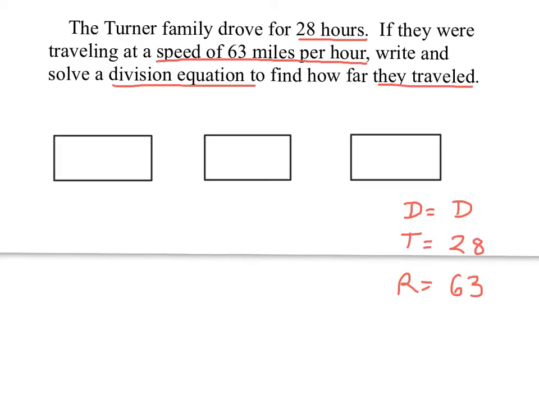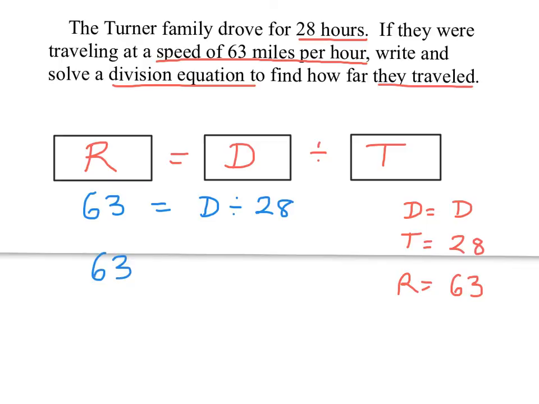So I'm going to use a division equation to solve this problem. So if you think back from the first slide, the division equation that we came up with was r is equal to distance divided by time. So now let's go ahead and plug in this information. The r is 63. The distance we don't know, divided by 28. So another way we can write this would be 63 is equal to d divided by 28.